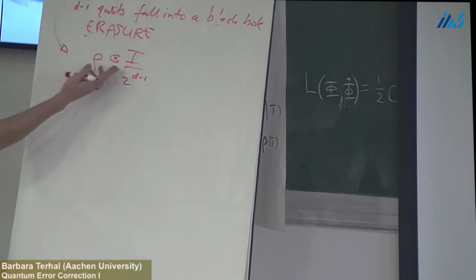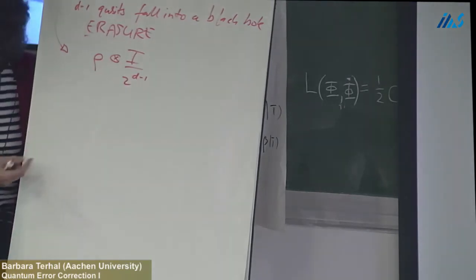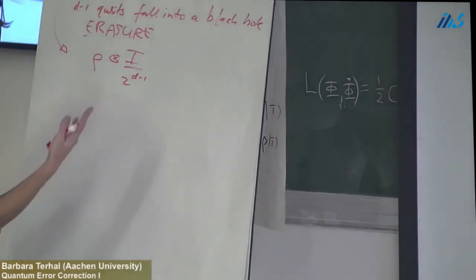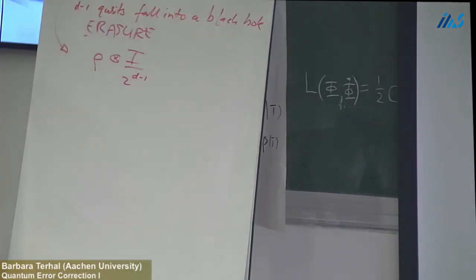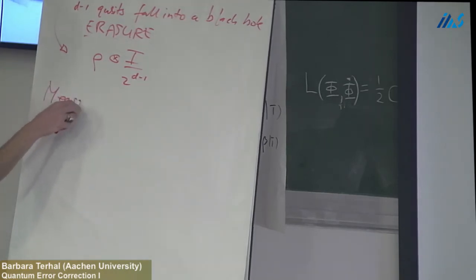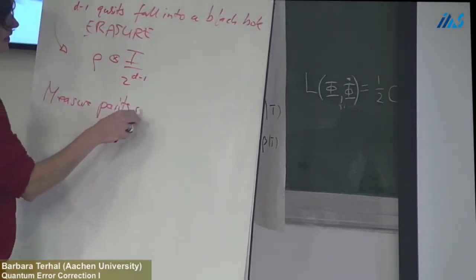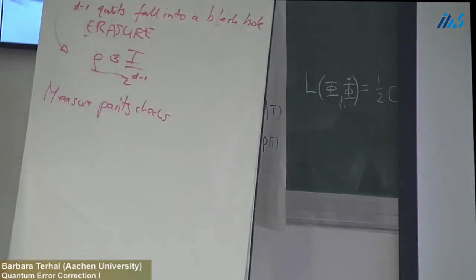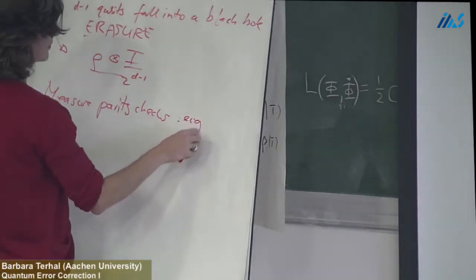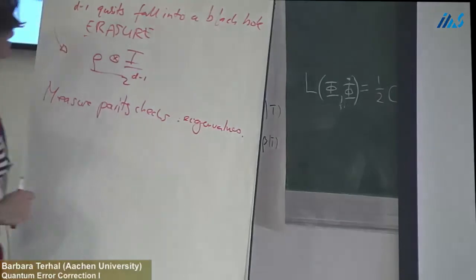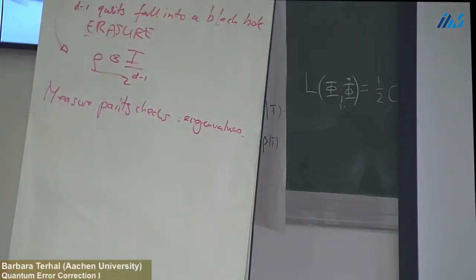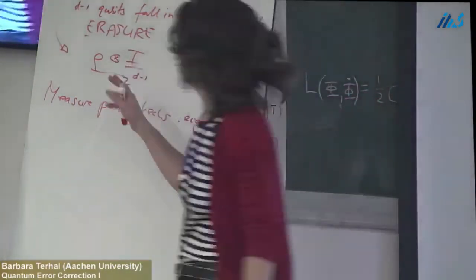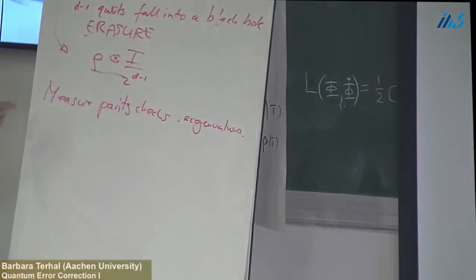Which means I can say that basically the real errors only took place on these d minus 1 qubits. Yeah? So now if I want to infer, I do the same thing: I measure the parity checks on the state I have obtained, and determine their eigenvalues. And then I do some inference about what error took place. And of course, it's clear that I'm going to guess errors that only act on those d minus 1 qubits.